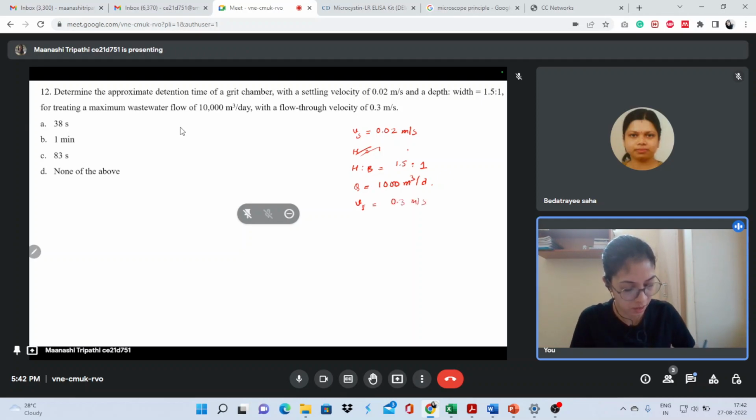So we'll see it like this. Just imagine this is a grit chamber. How much flow is coming?